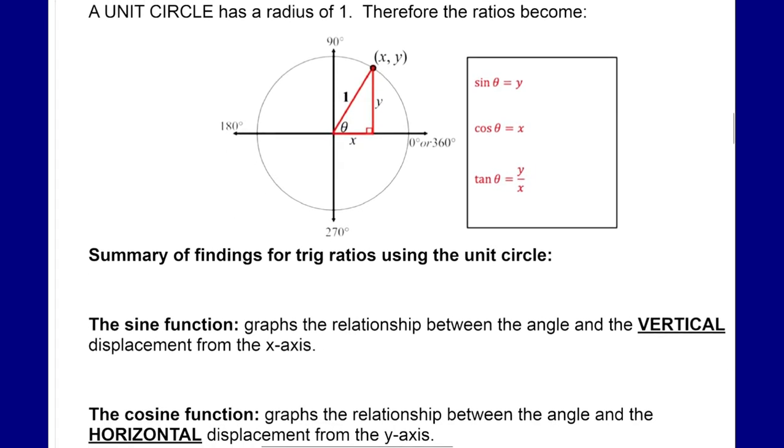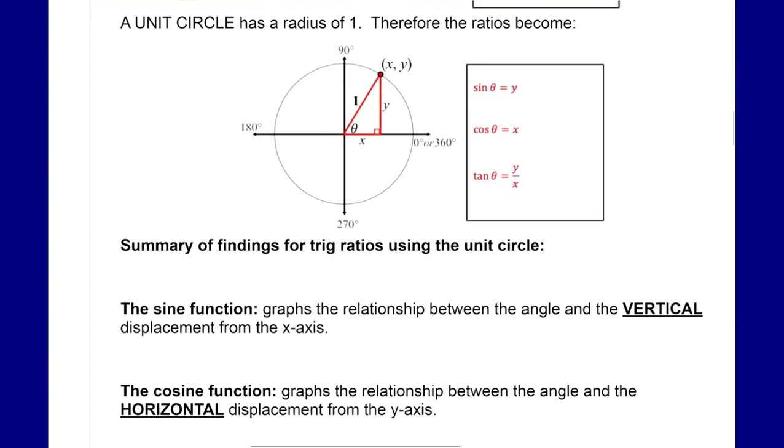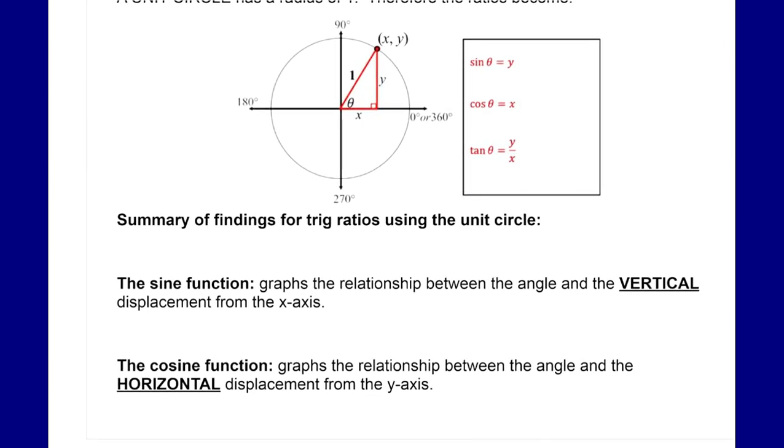So for our trig ratios using the unit circle, the sine function graphs the relationship between an angle and the vertical displacement from the x-axis, so how high vertically we are from the x-axis. And the cosine function graphs the relationship between the angle and the horizontal displacement from the y-axis. So the sine function deals with the vertical, and cosine deals with the horizontal.